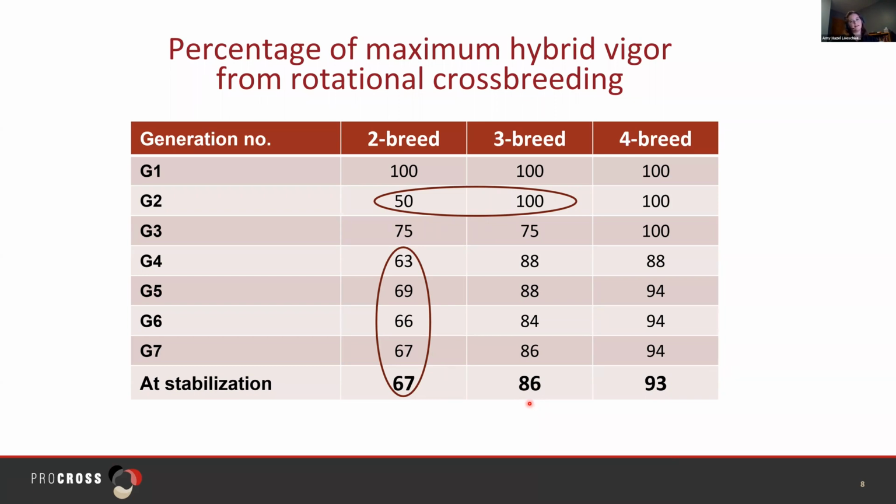And besides that, we really want to see each individual breed's attributes come through in the cross. By moving to a fourth breed, now you're diluting down the impact of each of those breeds from 1/3 or 33% of the cross down to 25% of the cross. And when I say that, one thing that I'm specifically referring to is the Holstein.